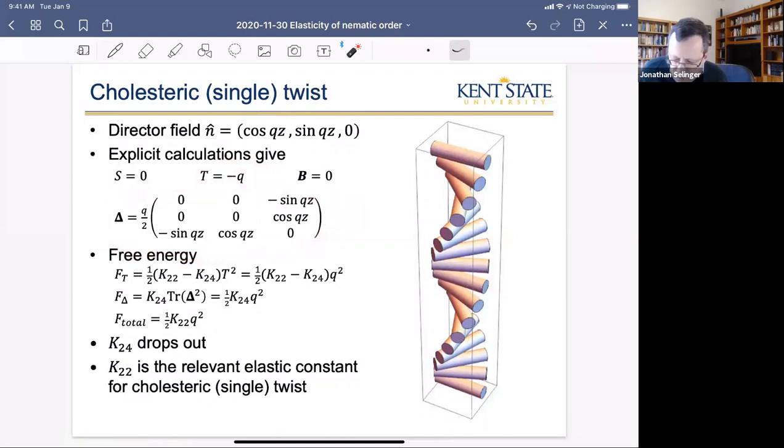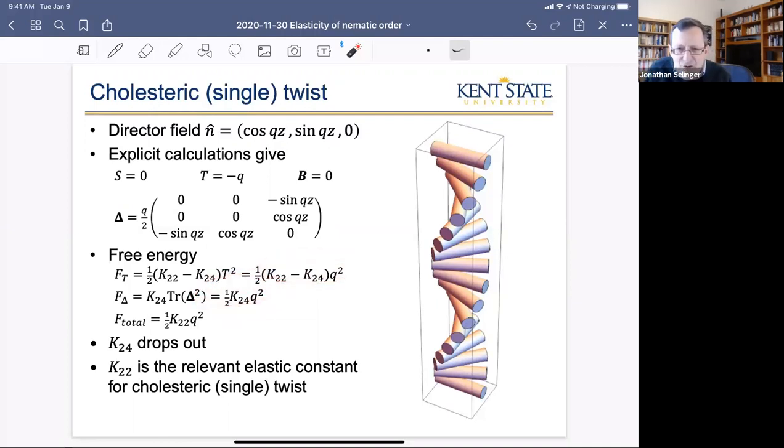So if we want to know what's the free energy of this kind of thing, the free energy for the twist part is like this: a half K22 minus K24 times the wave vector Q squared. The free energy associated with the delta part is a half K24 times the Q squared. So the total free energy is this plus this.